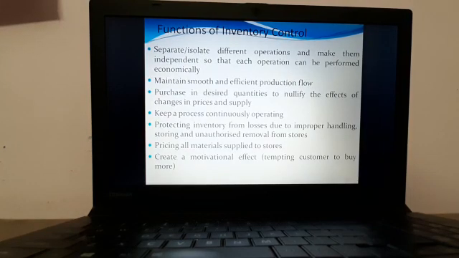So if a person is going to purchase any material, and we have wider choices, probably he takes different samples to test or to consume. So in one way, this is a motivational effect for a subscriber or a utilizer to opt for, and that is the major function of inventory control. So these 7 points are the major functions of inventory control.